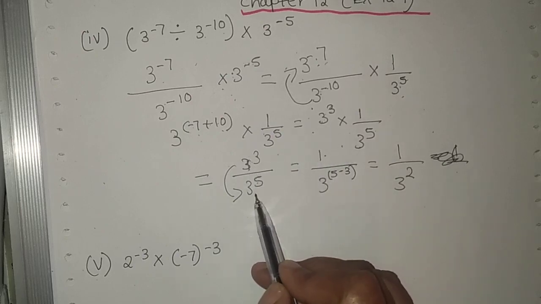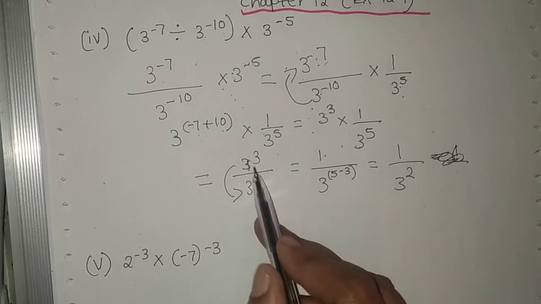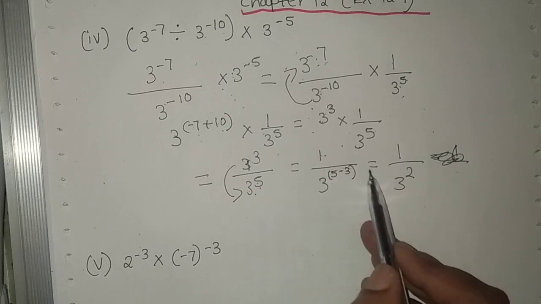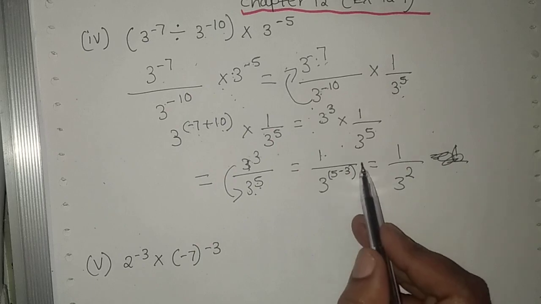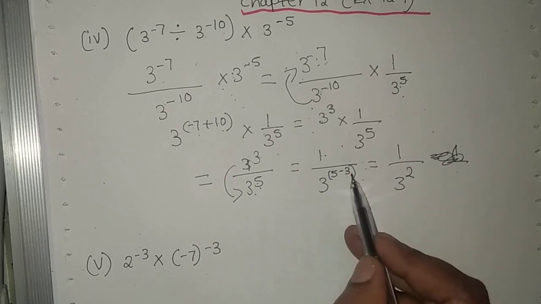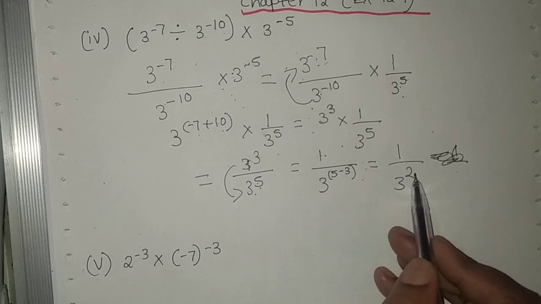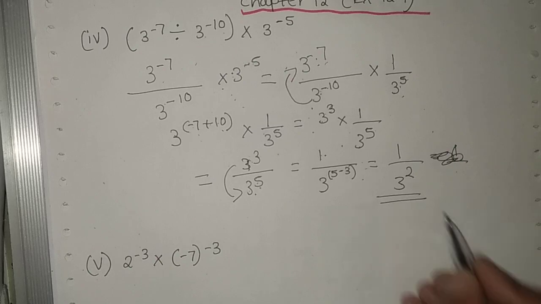After bringing this to the denominator, this plus 3 becomes minus 3. Bases are common, therefore we have 1 by 3 power 5 minus 3. This is equal to 5 minus 3 is 2. So 1 by 3 square. So this is the answer.